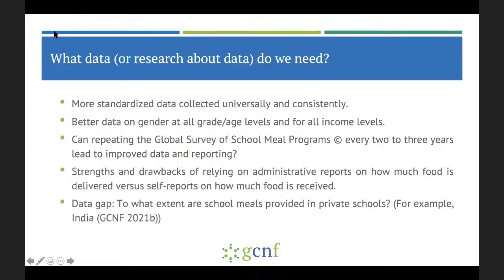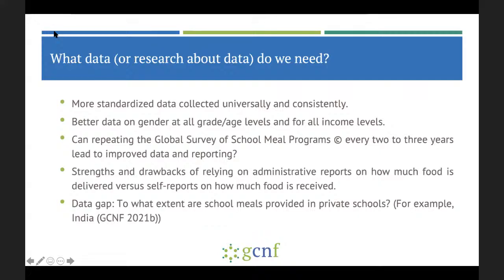I think there are a lot of people studying school feeding and nutrition sensitive social protection who would love to understand clearly the strengths and drawbacks of relying on administrative reports for information versus self-reports that are often obtained through large-scale surveys. And there are also some specific data gaps that need to be filled.